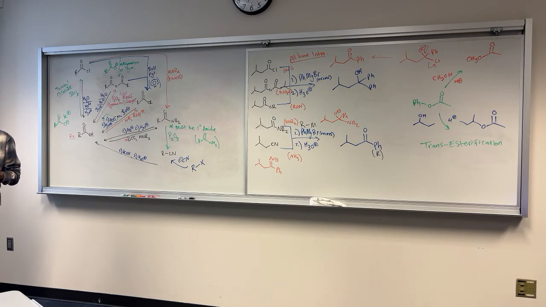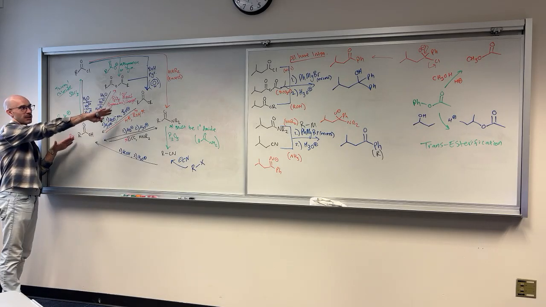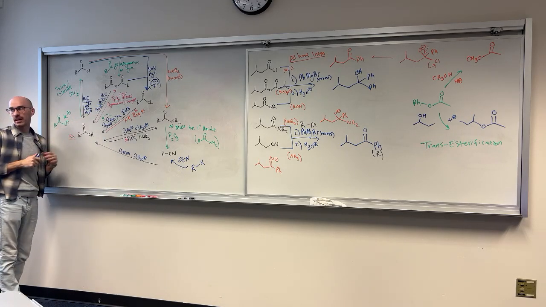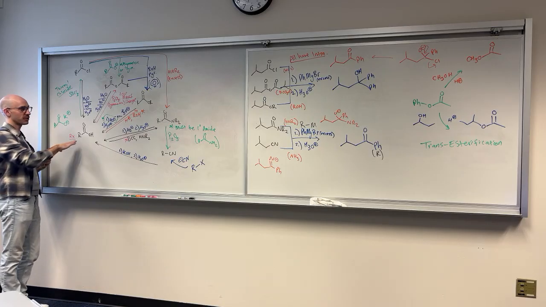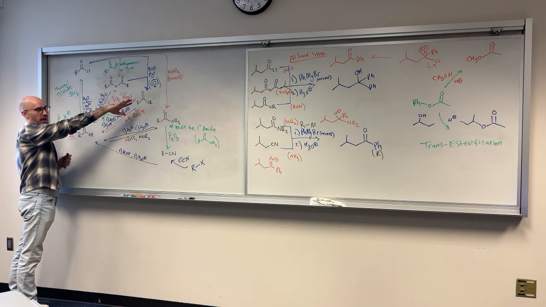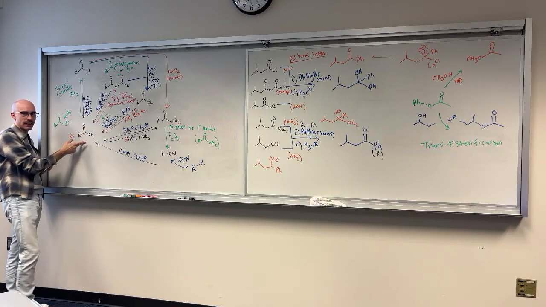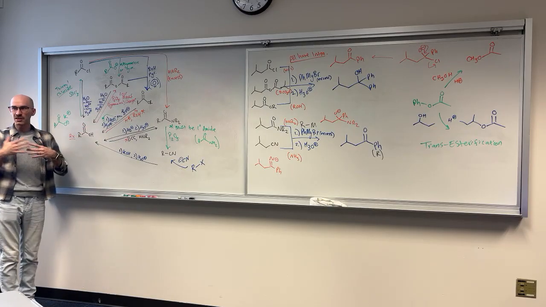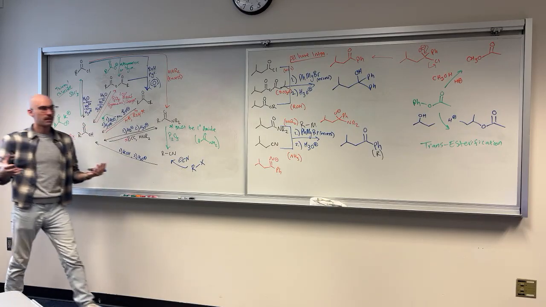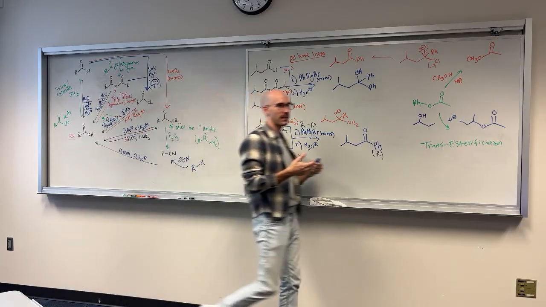These reactions are not good at equilibrium. Fischer esterification is not good at equilibrium. Fischer esterification produces a water byproduct, and that water byproduct can hydrolyze the ester that forms. So the equilibrium is hard to manage. These are equally hard to manage.